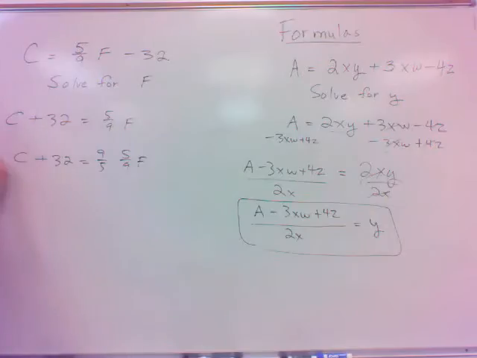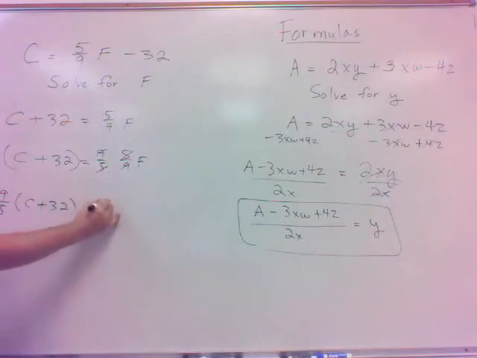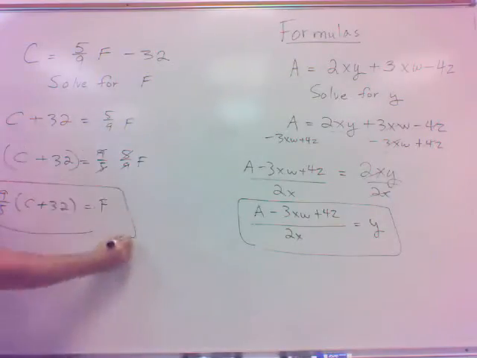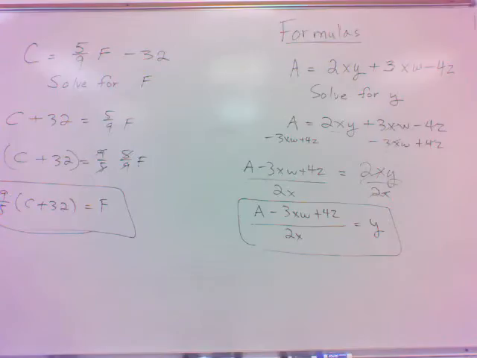I have to do that on this side too, because that'll cancel the 5s and the 9s out. And that does bring up the point, there are alternate answers there too. So you could get something slightly different looking, but still be okay on that. Depends on which way you go.